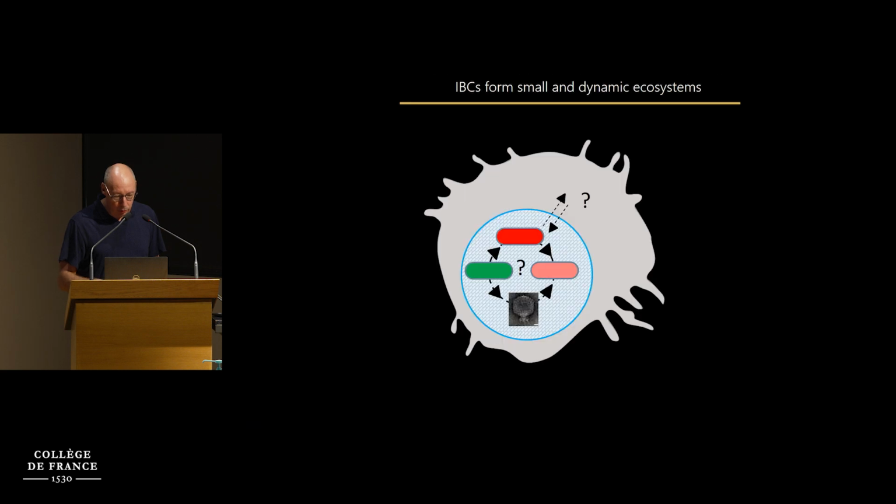And this brought us to consider that these vacuoles, these communities, could be a bit like an ecosystem for these bacteria. And what can they do in this ecosystem? We started to investigate this aspect.